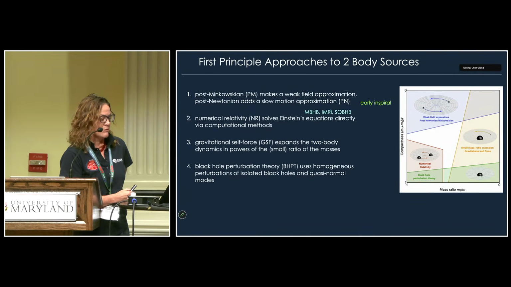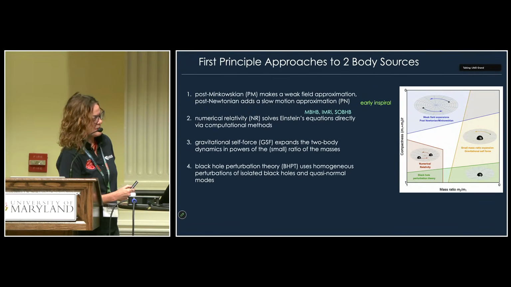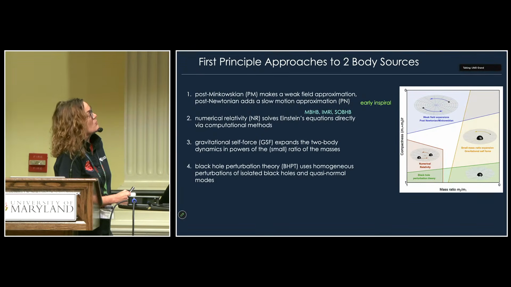So these approaches are applied where they're the most applicable. You would use the PN information for early in-spiral, especially important for massive black hole binaries, IMRIs, which are intermediate mass ratio in-spirals, and stellar object black hole binaries.